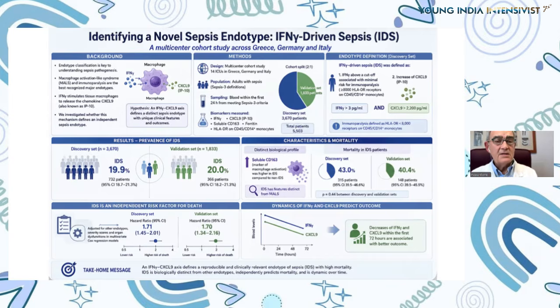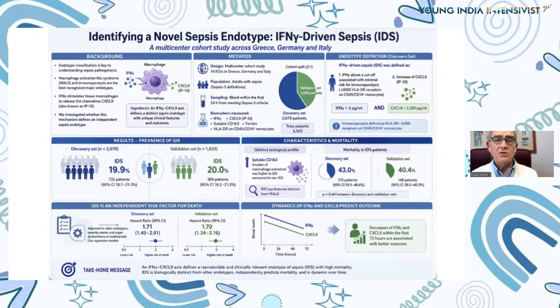The hypothesis is that this axis may identify a specific category of patients. This was a multicenter cohort study in 14 ICUs in Greece, Germany, and Italy.